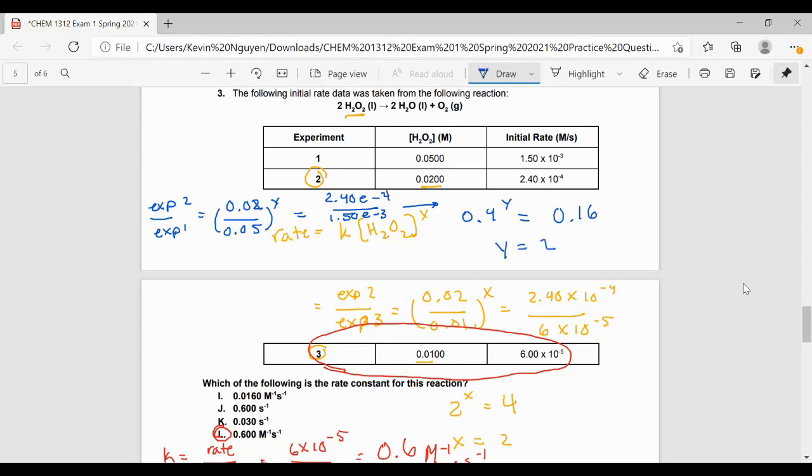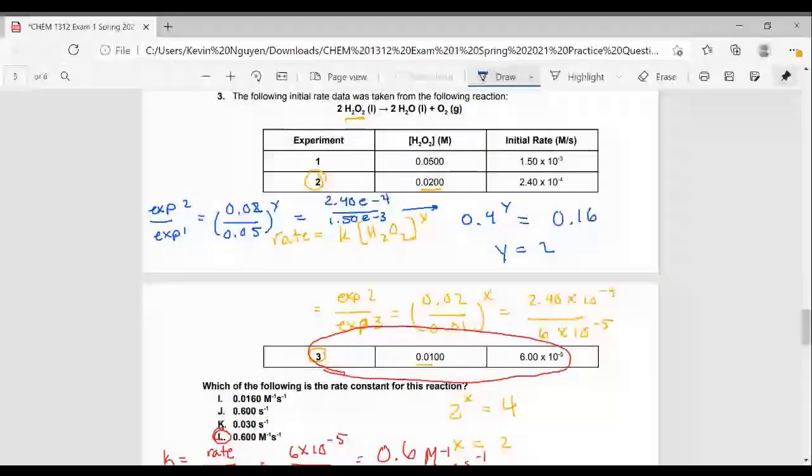So y in this case should also be 2. Yeah, it should be 2 still either way.